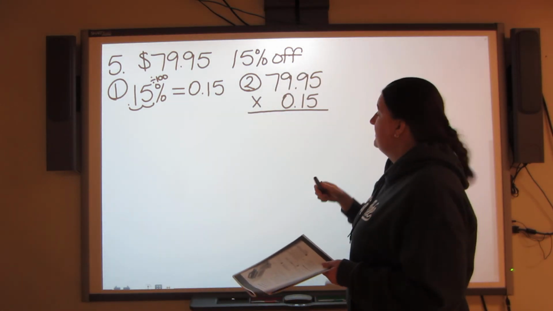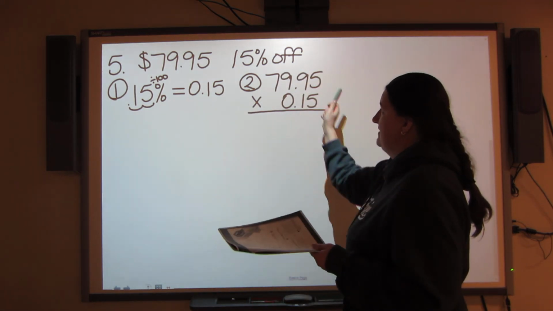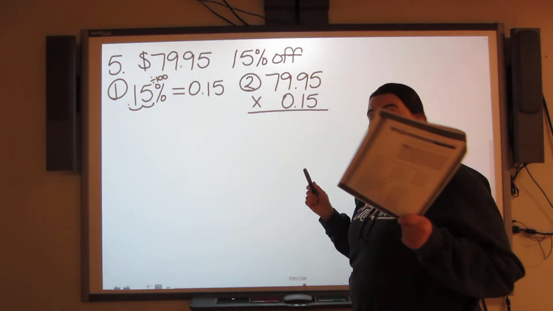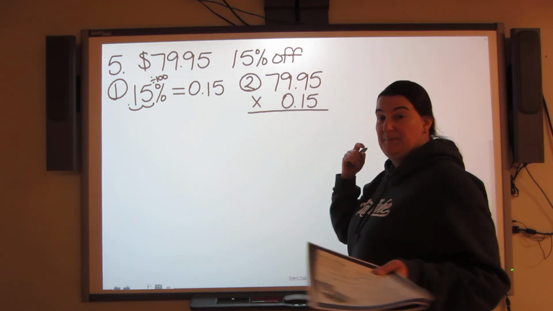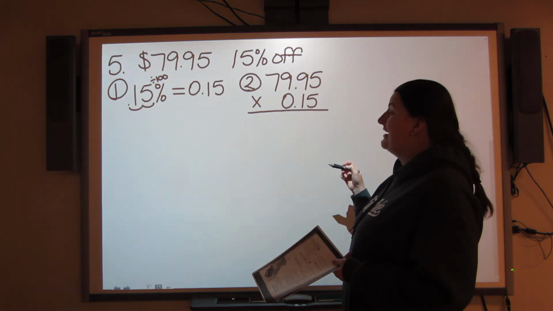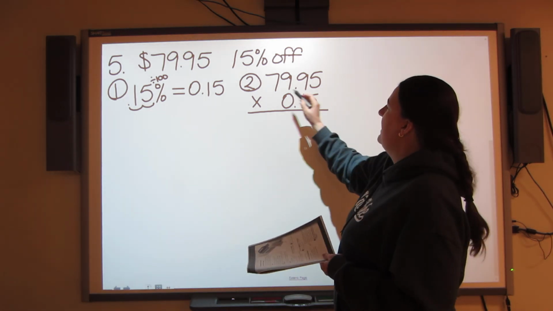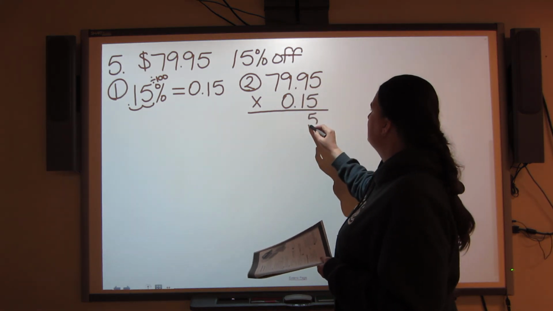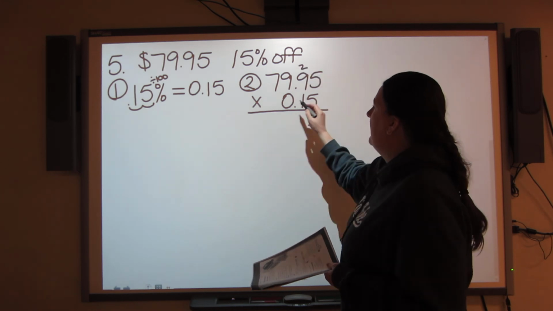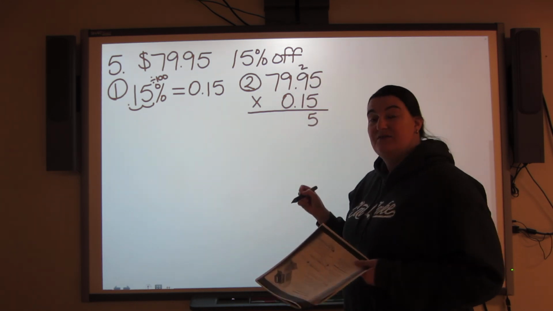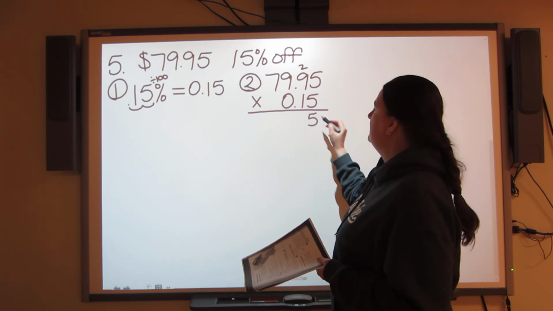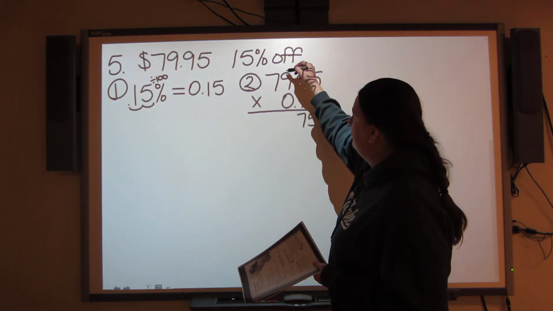Remember, when you're multiplying, you don't have to line up the decimals. That just happened this way, but it doesn't have to happen every time. All right, now you're going to multiply. So 5 times 5 is 25. 5 times 9 is 45, plus the 2 that you carried is 47.